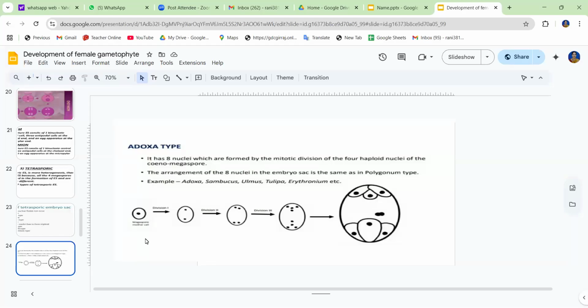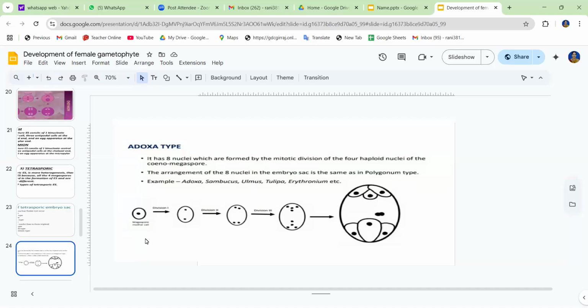Adoxa, this type of development of embryo sac was described for the first time by Jönsson in Adoxa moschatellina, and later by Lagerberg. In this type, the 4 megaspore nuclei divide to form 8 nuclei, which form a normal 8-nucleate embryo sac.